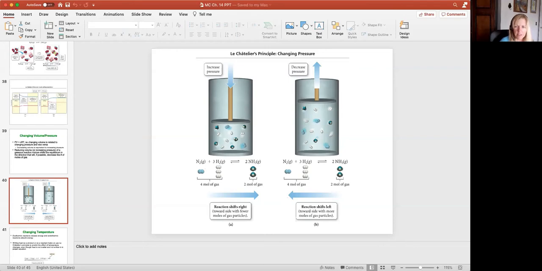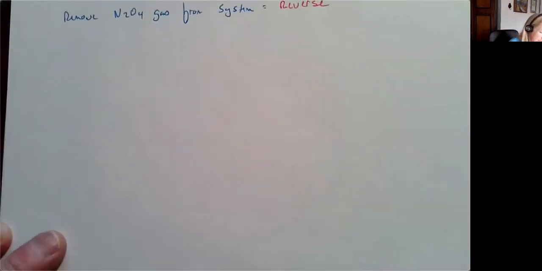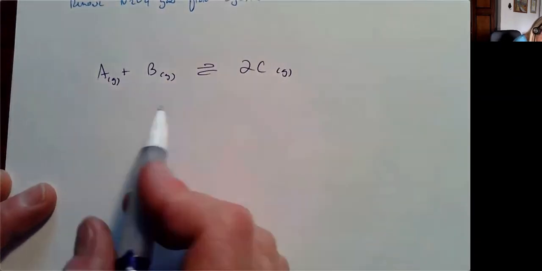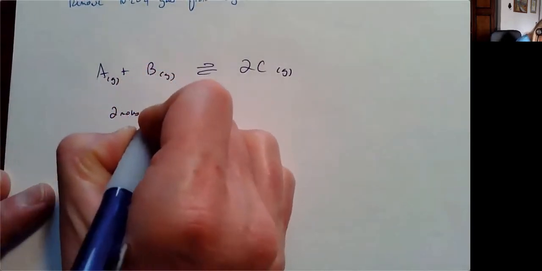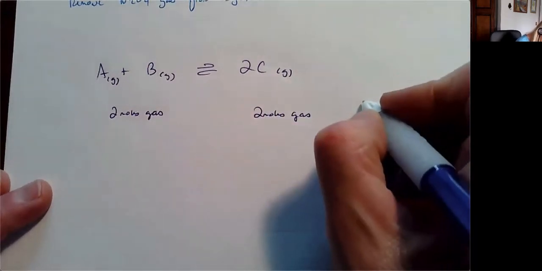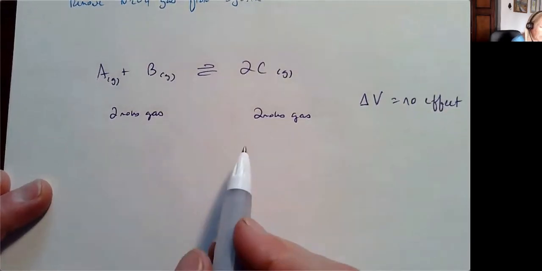Say I have A plus B goes to 2C: I have 2 moles of gas on this side and 2 moles of gas on this side. So here, changing the volume will have no effect because neither side is smaller or larger.